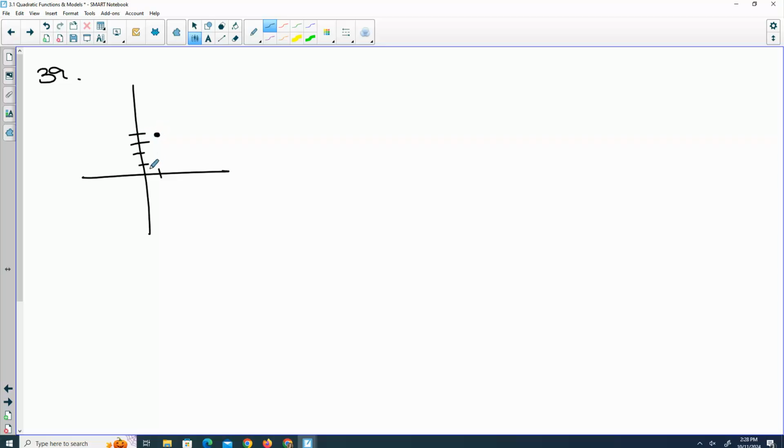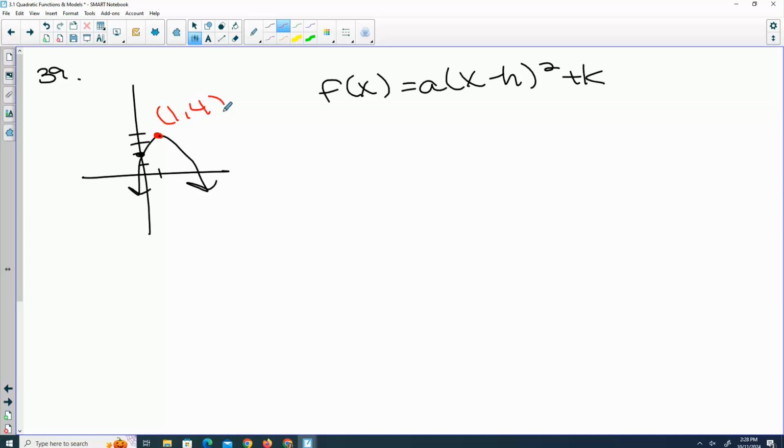So if we look at that graph, if we're trying to do our f of x equals a times (x minus h) squared plus k, what is the vertex of this? So if I plug that in first, it'll be x minus 1 squared plus 4.